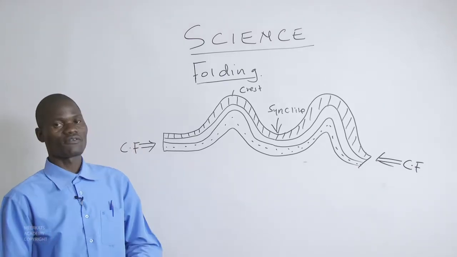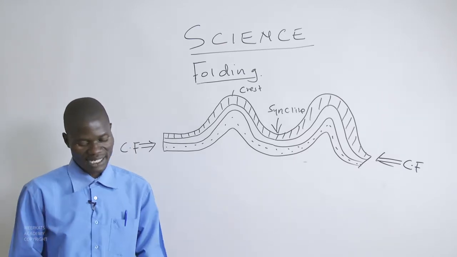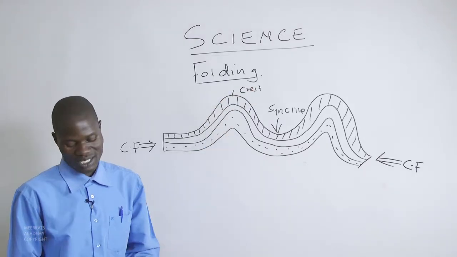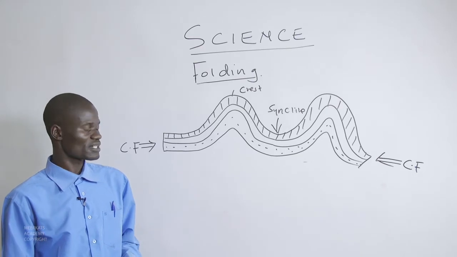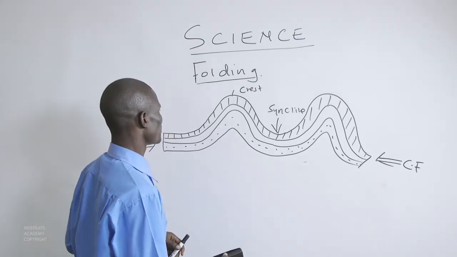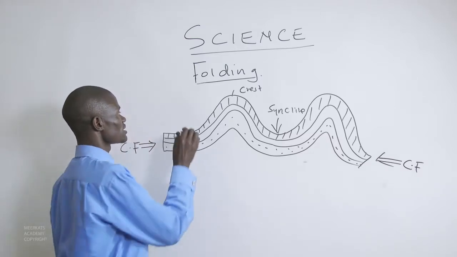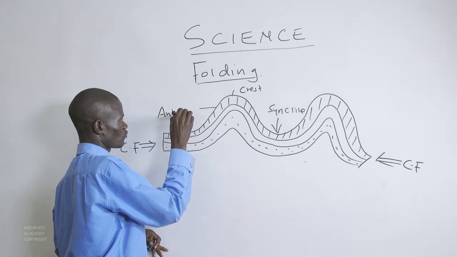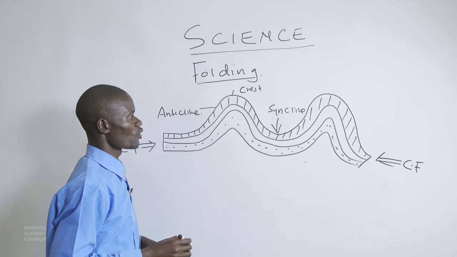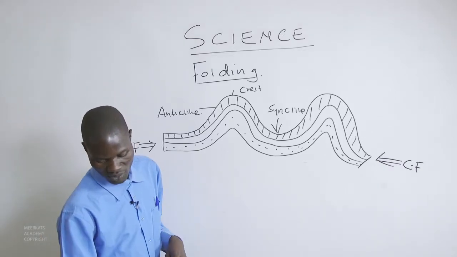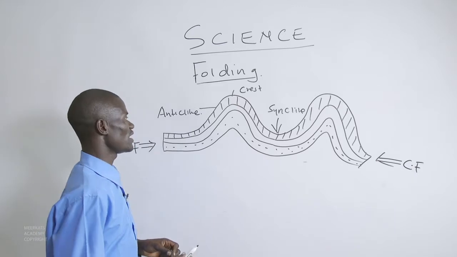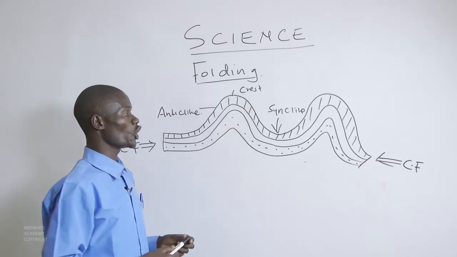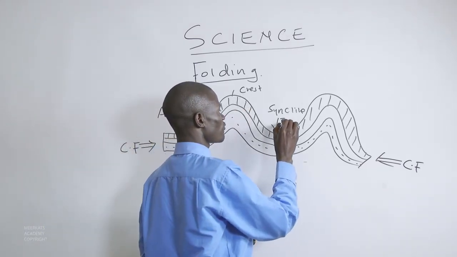Also, during the process of folding, the earth crust will bend upwards while other parts will sink downwards, resulting in the uplifted part. Therefore, the uplifted part is also referred to as the anticline, while the down fold is referred to as the syncline, as I've indicated, having the crest on top. This one is also referred to as the trough.